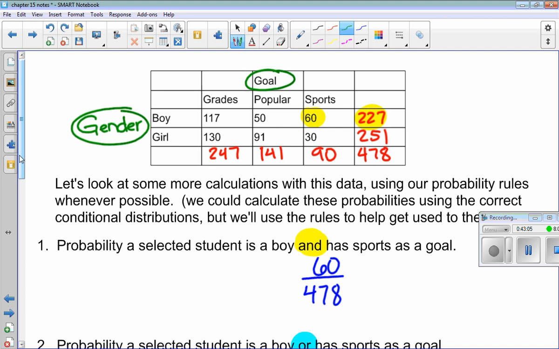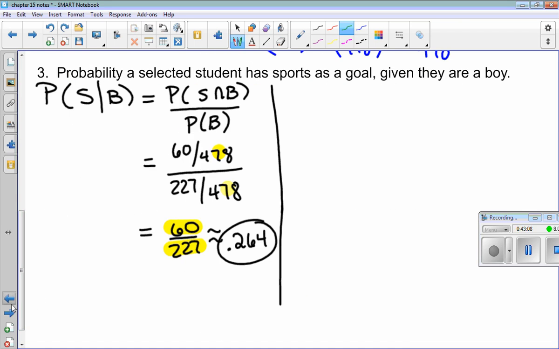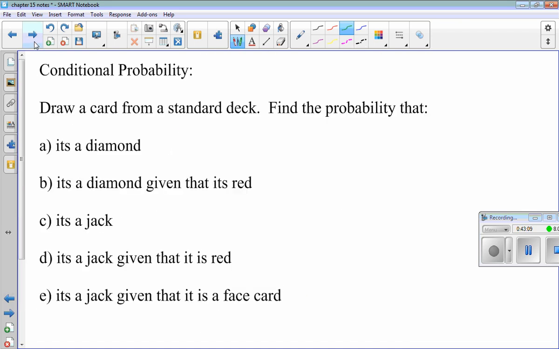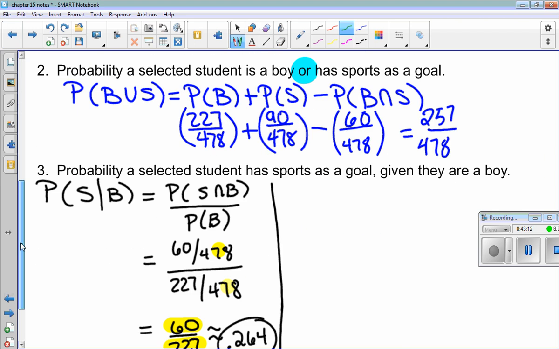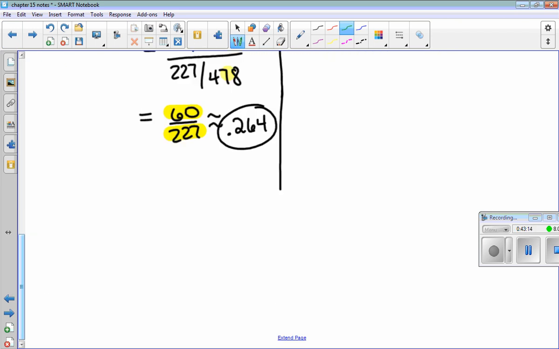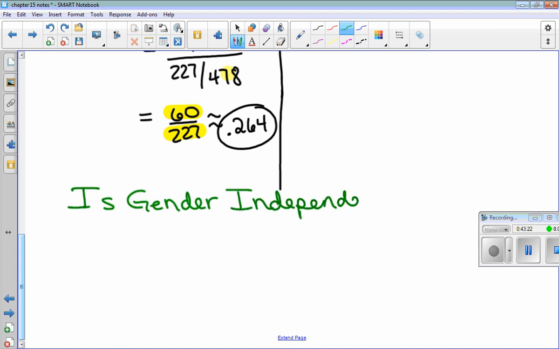So, a couple of different things. I'm going to say it again: is gender independent of goal? In other words, are the two variables in my contingency table independent of each other?